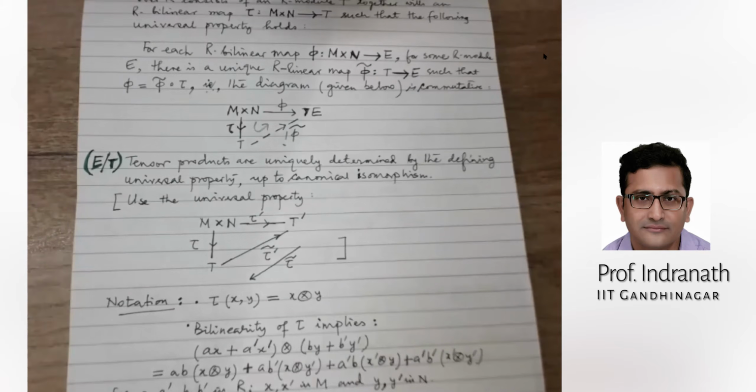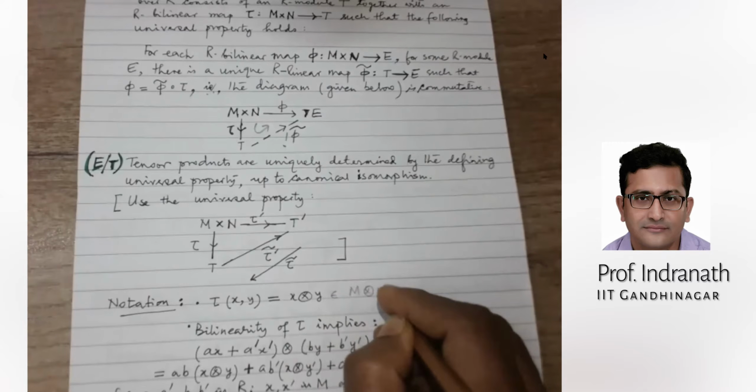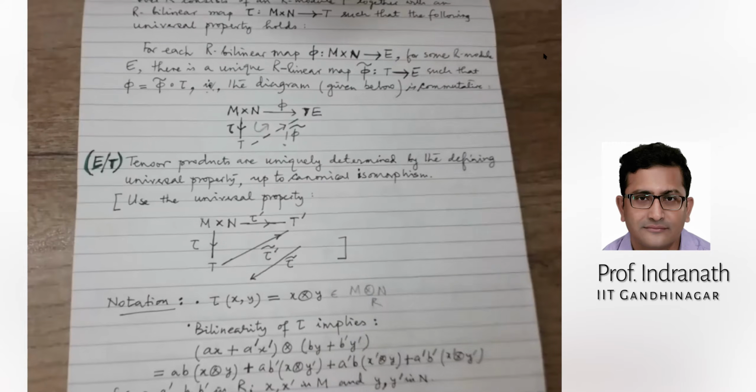Okay. So this is a very standard notation. I am sure you have seen this, that tau of x comma y is x tensor y. These are the elements in your tensor product T. Once you have established that it is unique up to a canonical isomorphism, you might as well say that this is M tensor N over R. So this is going to be our symbol for the tensor product.